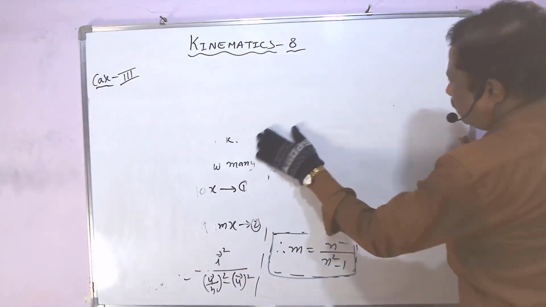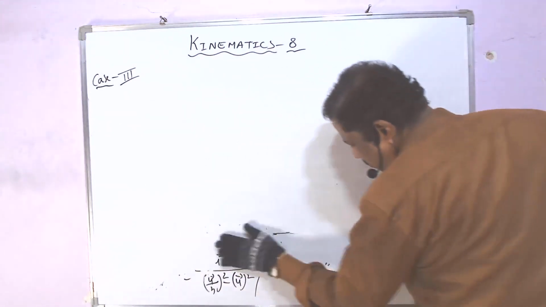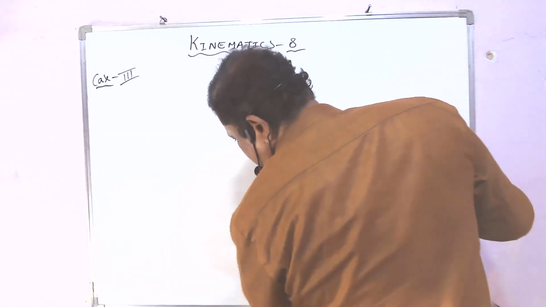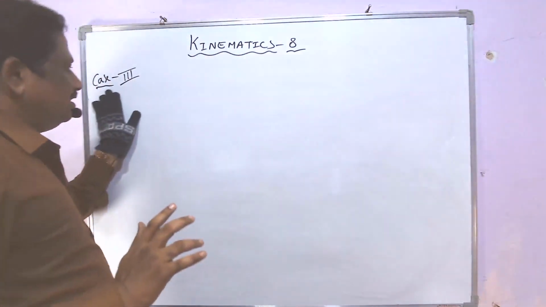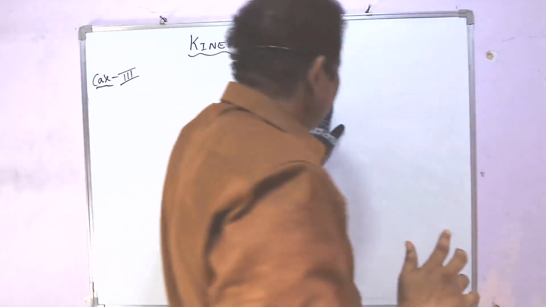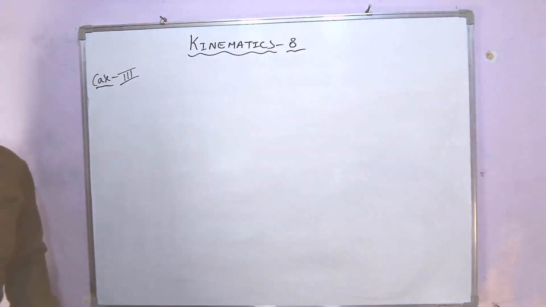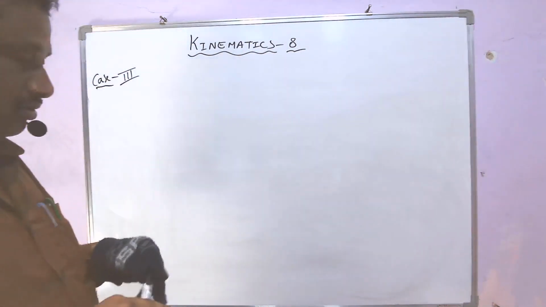In this case, we will consider a single wooden block or wooden plank, and we will fire the bullet through it. So how much distance does it travel through the wooden plank to make its final velocity 0, or to stop the bullet? That we are going to prove here.